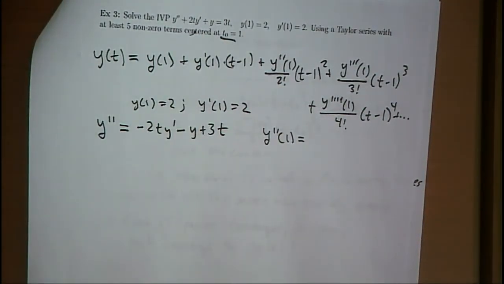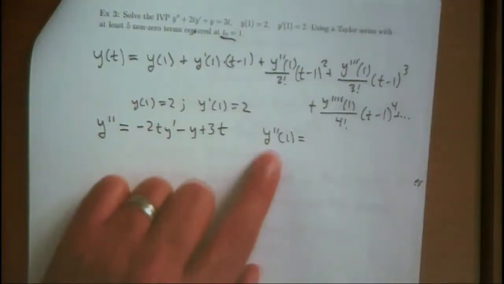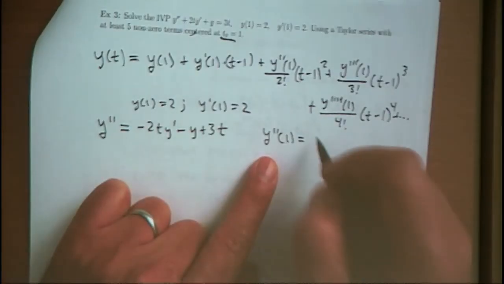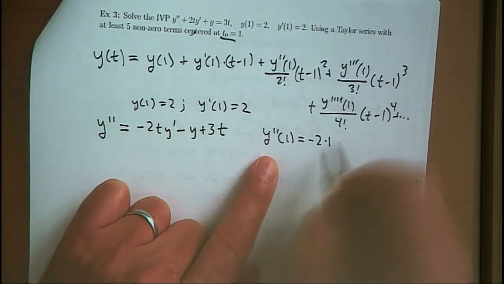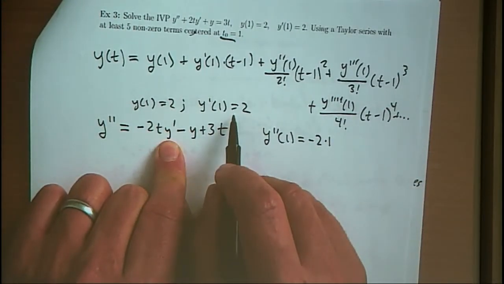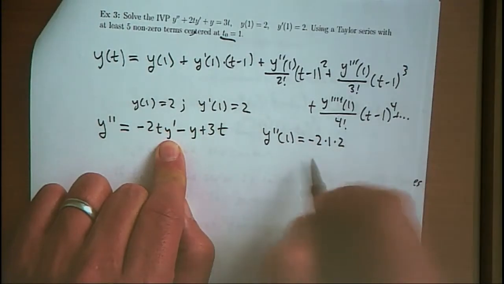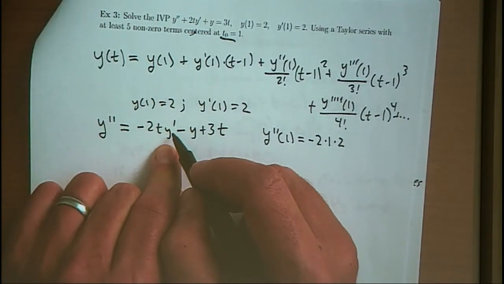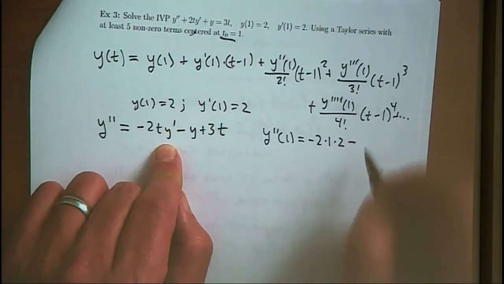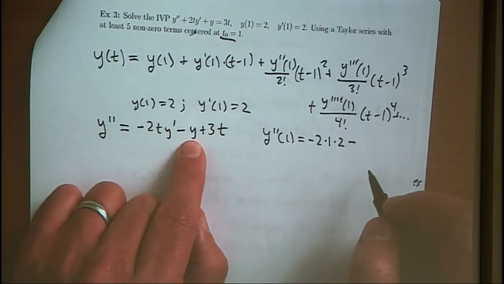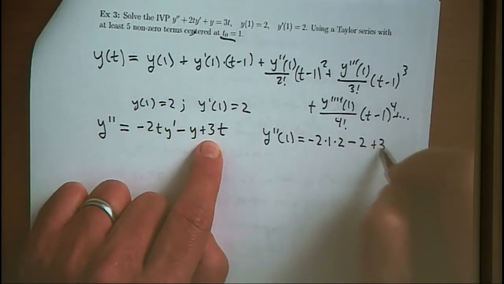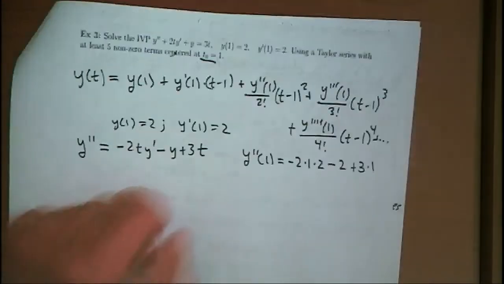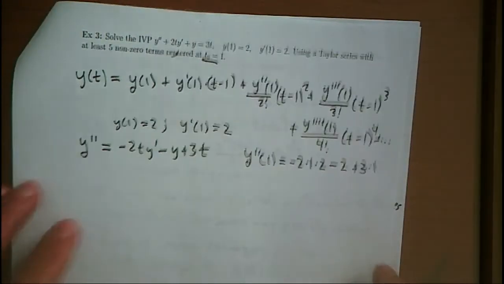Okay, so from this information, we're supposed to get y double prime at 1. Again, that's t, so that's minus 2 times t, that's 1. y prime at 1 is 2, so I put a 2 there. Minus y at 1, well that's 2. And then plus 3 times t, well t is 1. Okay, so this simplifies.